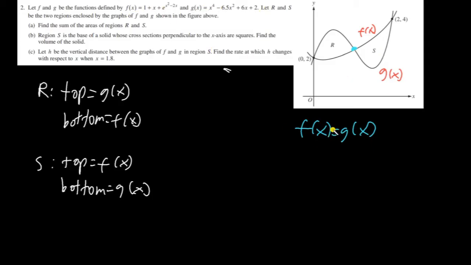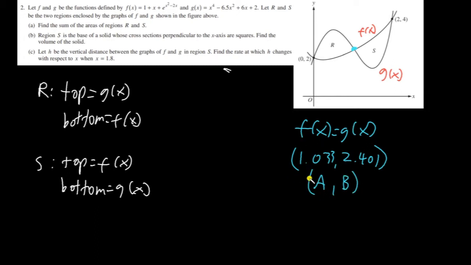Okay, so we set f of x equal to g of x, this equal to that. In your calculator, you can set one as y1, one as y2, graph them, and find the intersection point. You'll find that the coordinates for that are about 1.033, comma 2.401. Okay, and so I'm not going to store this as a point. I'm actually going to store it as a comma b.